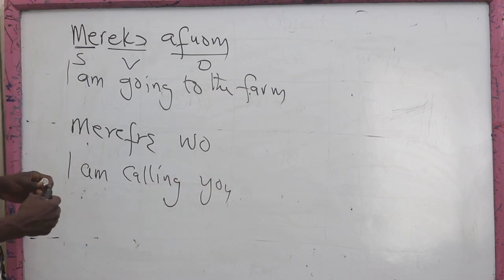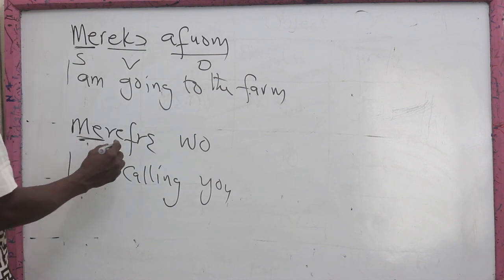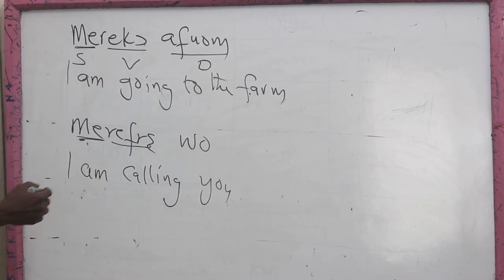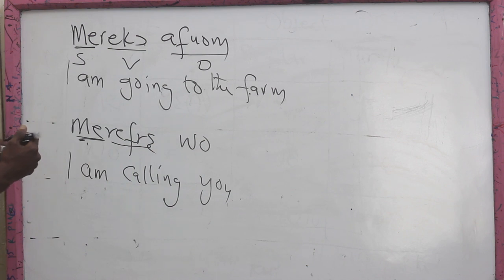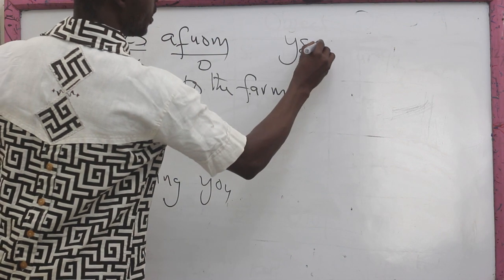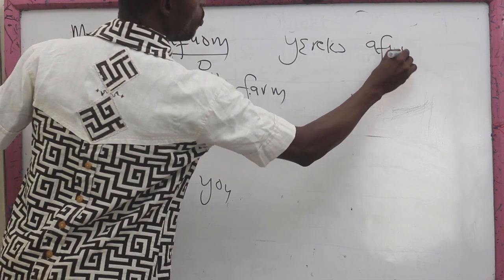Me frɛ. You see, I've written the subject and the verb together. And let's move on to the plural. The plural subject in the first person. Instead of me, we will say ye. Yereko efuom.